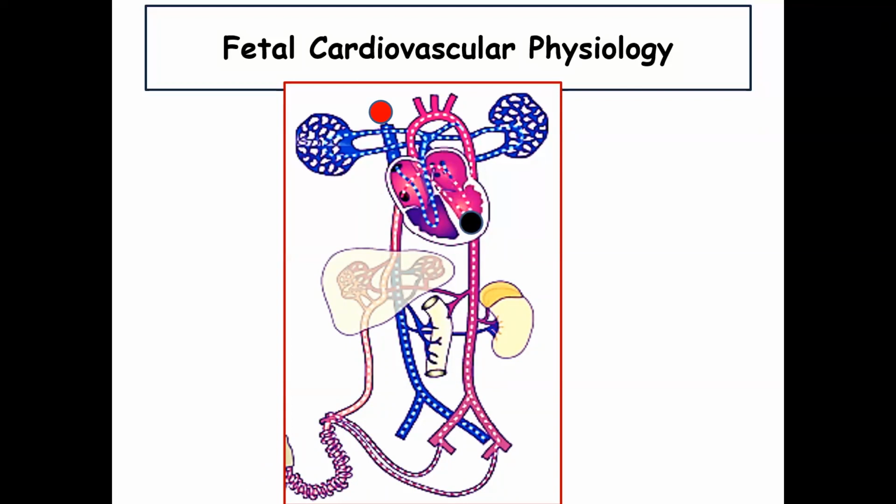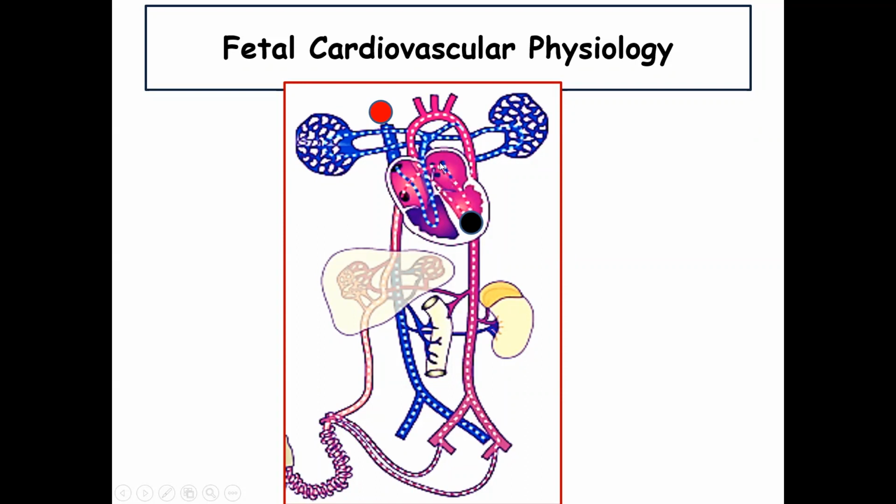Now the ball moved in a little quickly, but you'd have appreciated that from the right atrium, the patent foramen ovale actually shunts this oxygenated blood right to left into the left atrium. Now, of course, in the right atrium, the oxygenated blood from the placenta also happens to get mixed with the deoxygenated blood coming from the upper and lower half of the fetal tissues through the superior as well as the inferior vena cava.